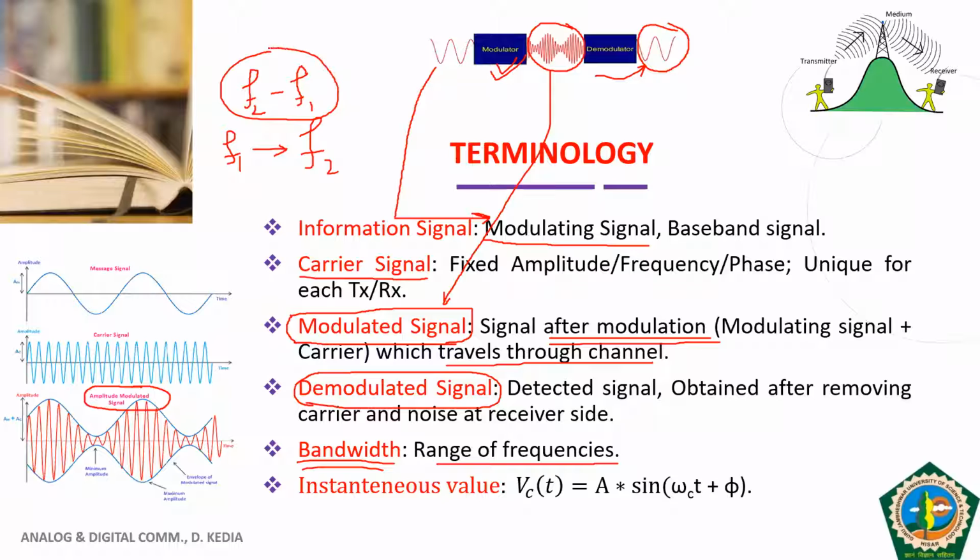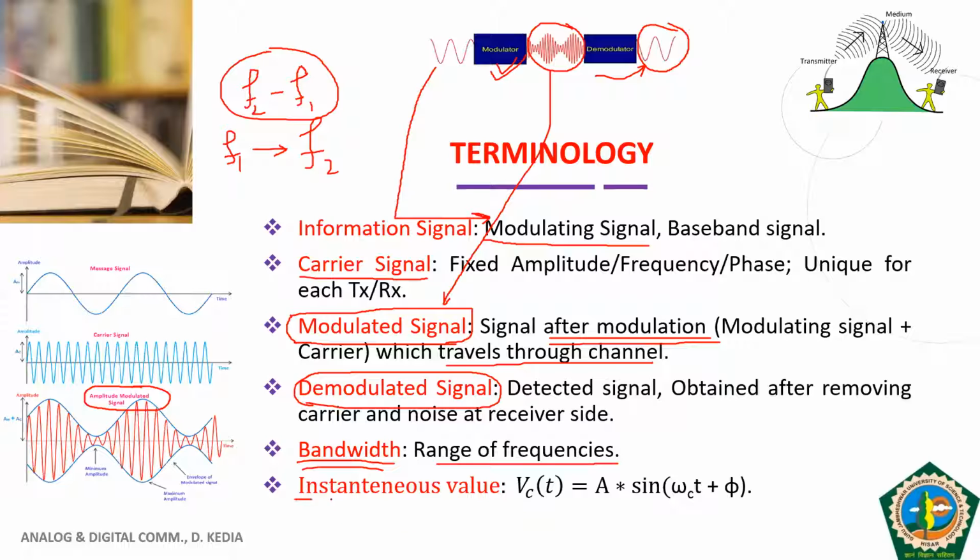I'm talking about channel again and again. Every channel has a bandwidth, meaning every channel will have some high frequency and some low frequency which it will be able to transmit. If you subtract those frequencies and obtain the range of frequencies, that will be called bandwidth.